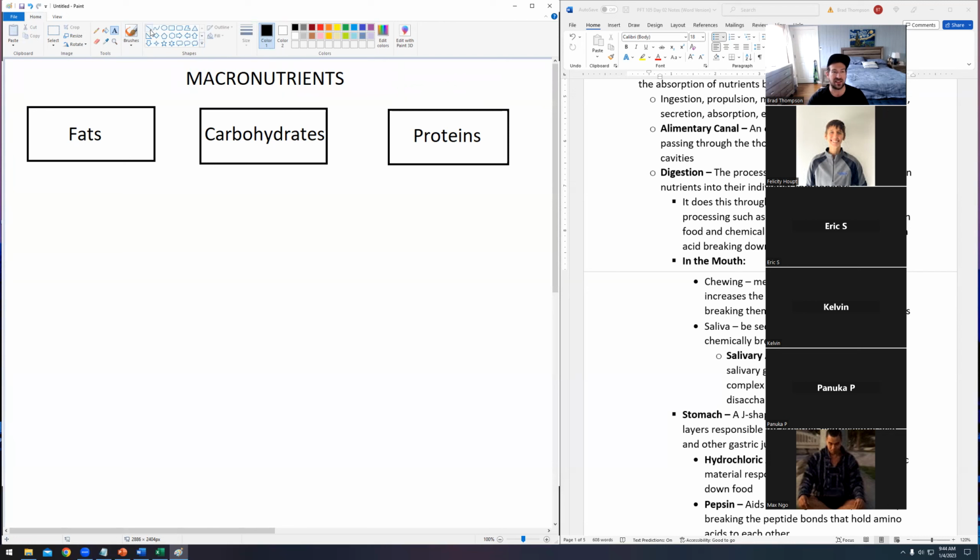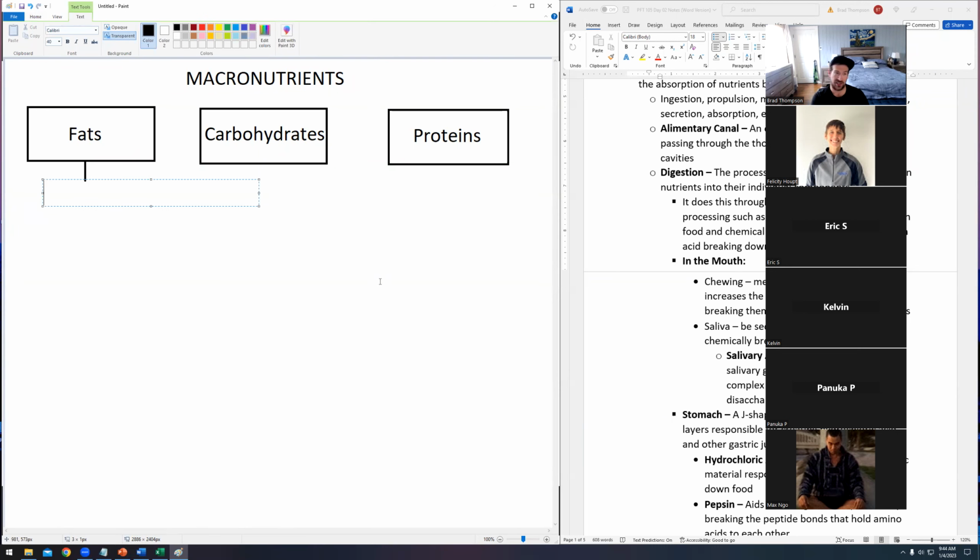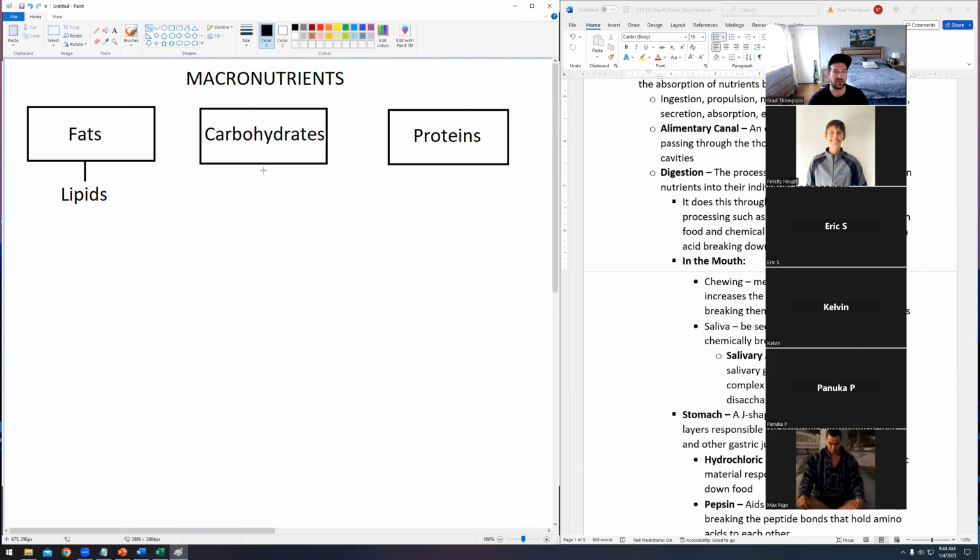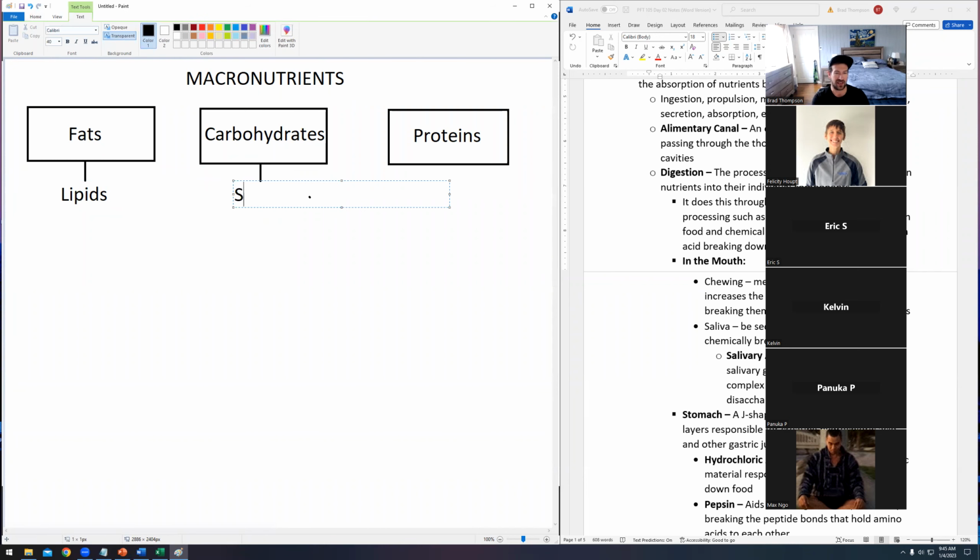Fats are going to break down into tinier components like lipids and cholesterols and things like that. So it's going to break down into lipids, which is our technical term for fats. Carbohydrates are going to break down into sugars.